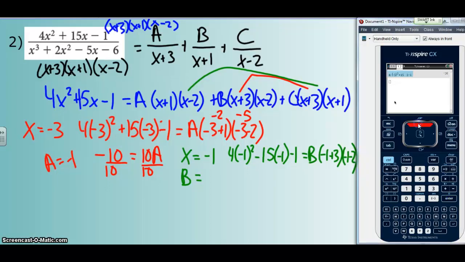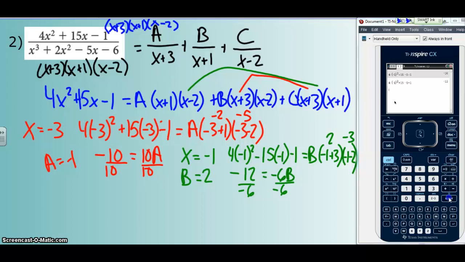Okay, so I'm going to go back up here and cheat a little bit and just change my negative 3's to negative 1's. And it looks like negative 12. And then this is going to be a 2, and this is a negative 3. So that looks like negative 6. Divide by negative 6, and b is 2.